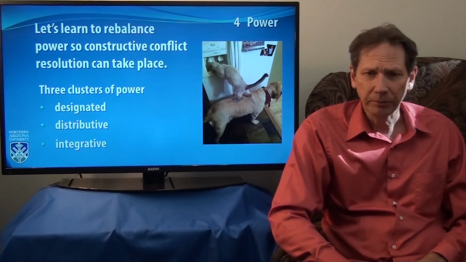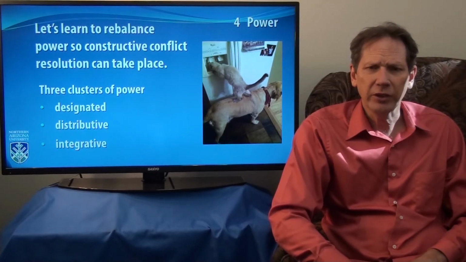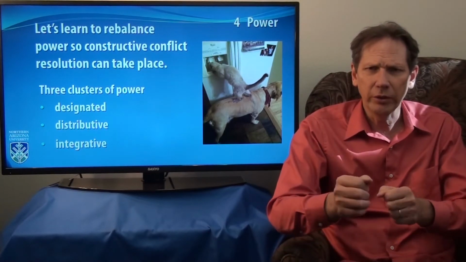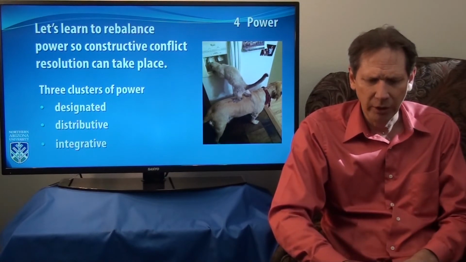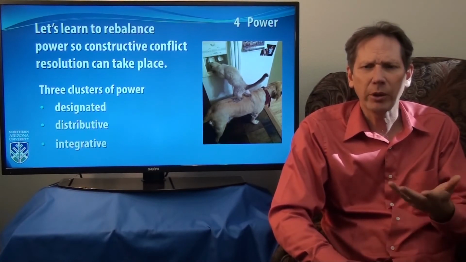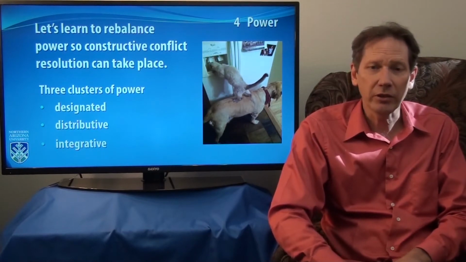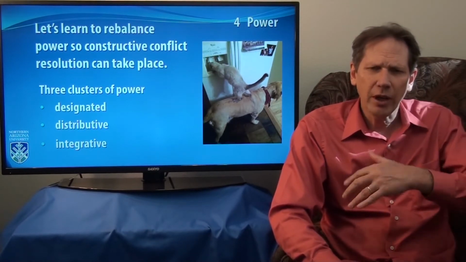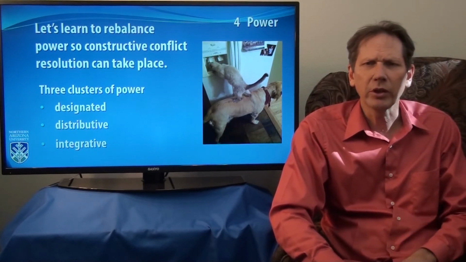Distributive power is when we recognize or feel that power is either or. You have it or I have it. Either you get the promotion or I get the promotion. Two employees within a company will grapple for power using various power currencies, feeling that if one person has it, the other doesn't. Integrative power is the opposite view, that we have more power together if we work together on things.